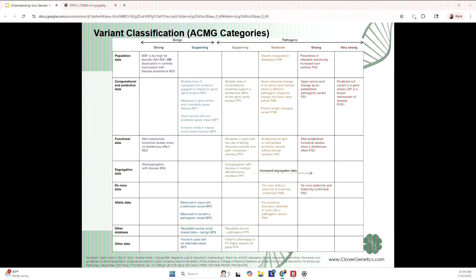It can also include things like functional studies specific to a family, perhaps muscle biopsies, other imaging, and if a change segregates with disease in multiple families or otherwise. If you're interested in reviewing this in more detail, the ACMG and AMP have a great paper that goes into the technical details of this, so certainly let me know. It's in the works cited as well.